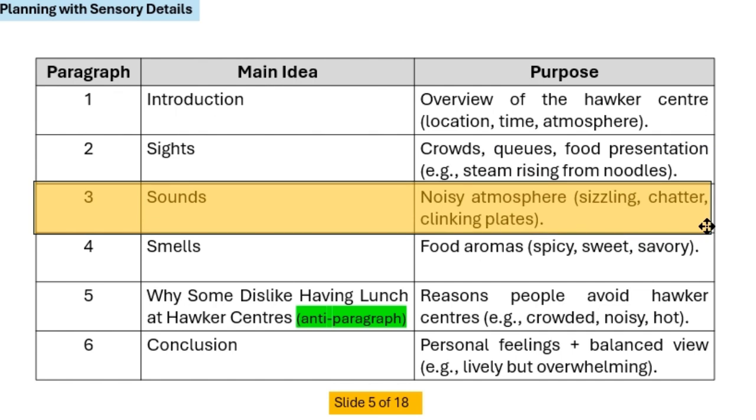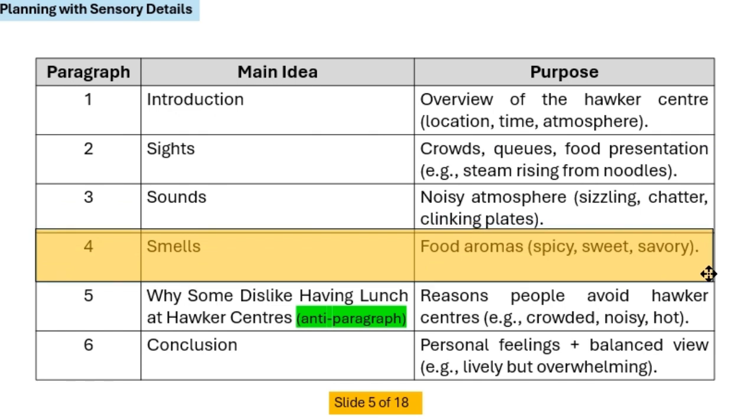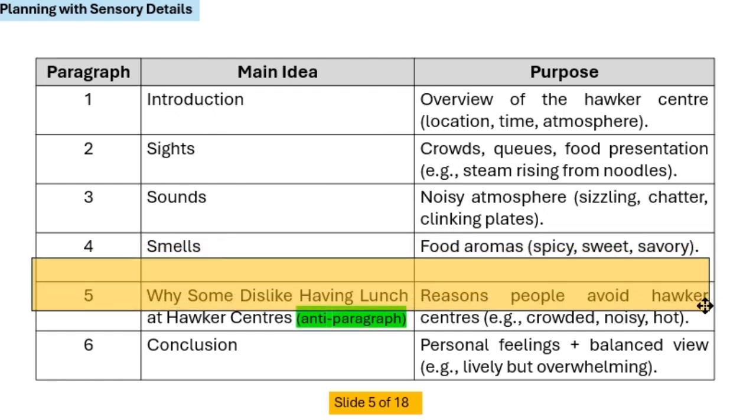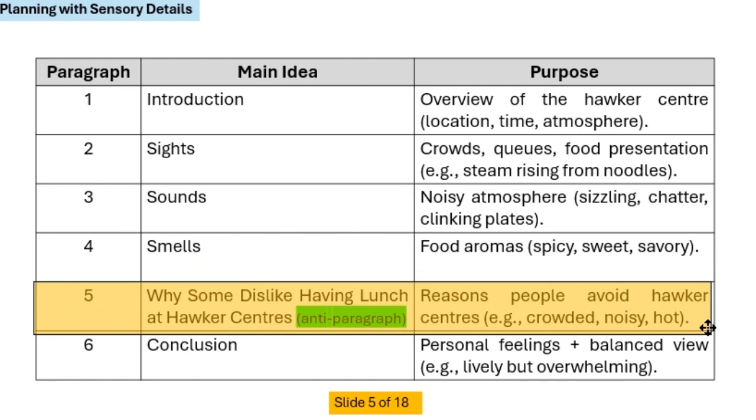The third paragraph focuses on the sounds. For example, the noisy atmosphere, such as sizzling, chatter, clinking plates. The fourth paragraph focuses on the smells, the aromas of the food, the spicy, the sweet, the savory. And the fifth paragraph is what we call an anti-paragraph.